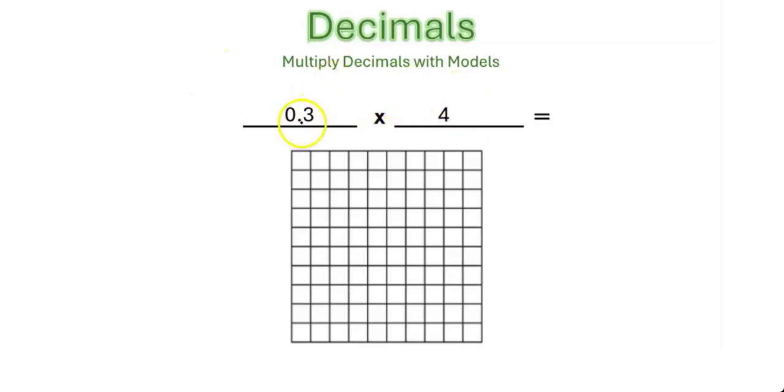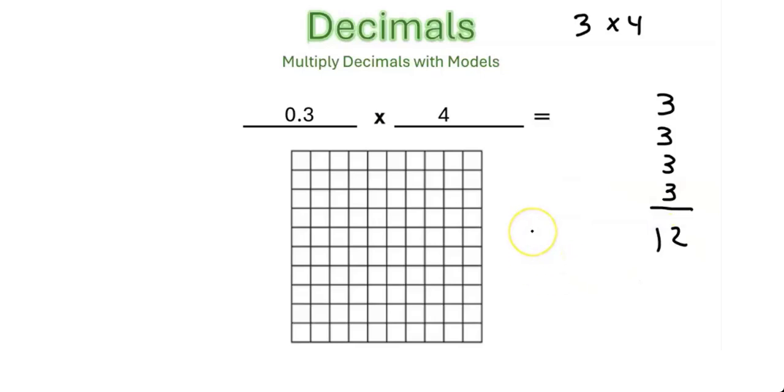multiplying a decimal by a whole number. Now, if you think about it, if you multiply 3 times 4, that means that you add 3 four times. If I add 3 four times, I get 12, okay?